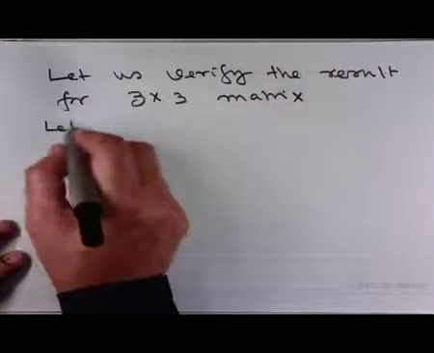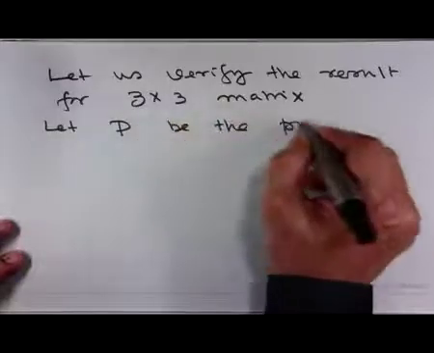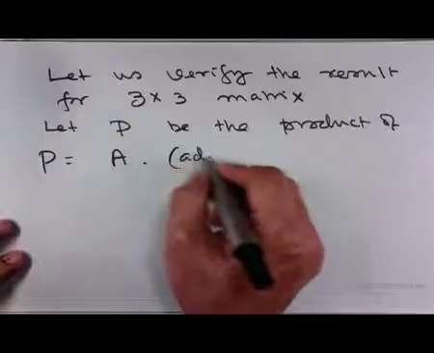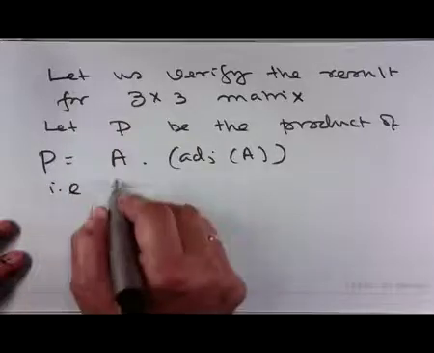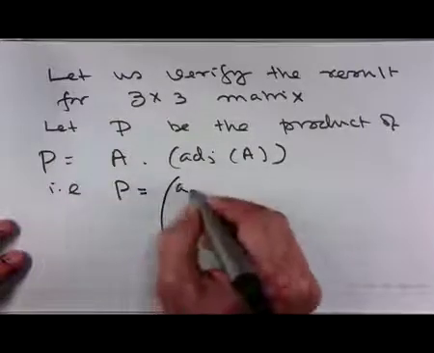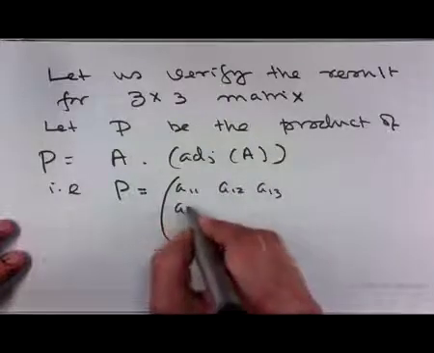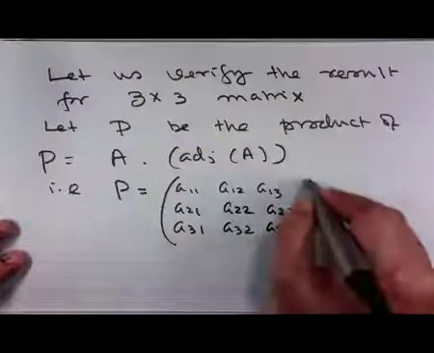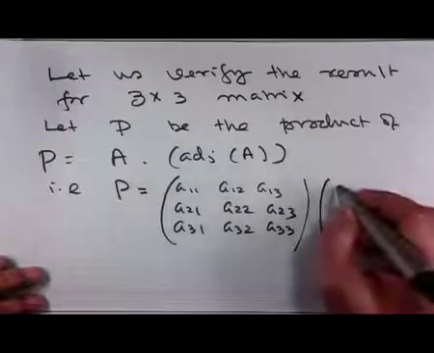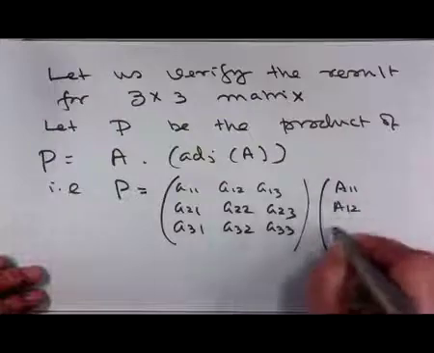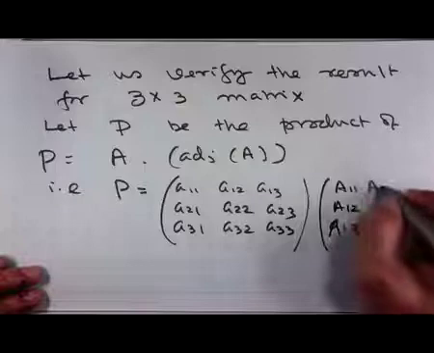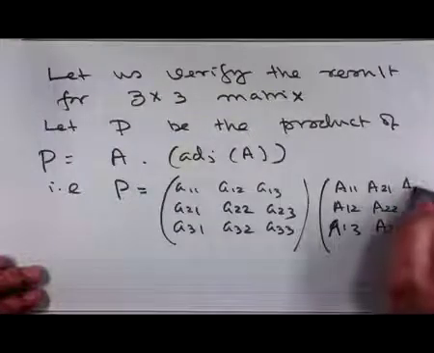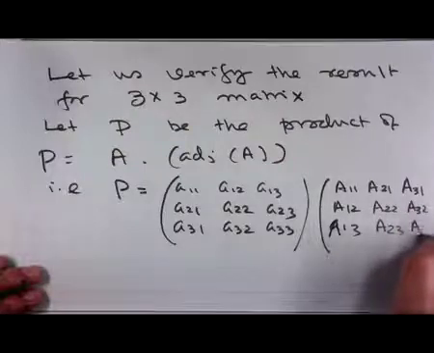Therefore, let P be the product of A into adjoint of A, that is P is equal to A11, A12, A13, A21, A22, A23, A31, A32, A33 into A11, A12, A13, A21, A22, A23, A31, A32, A33.